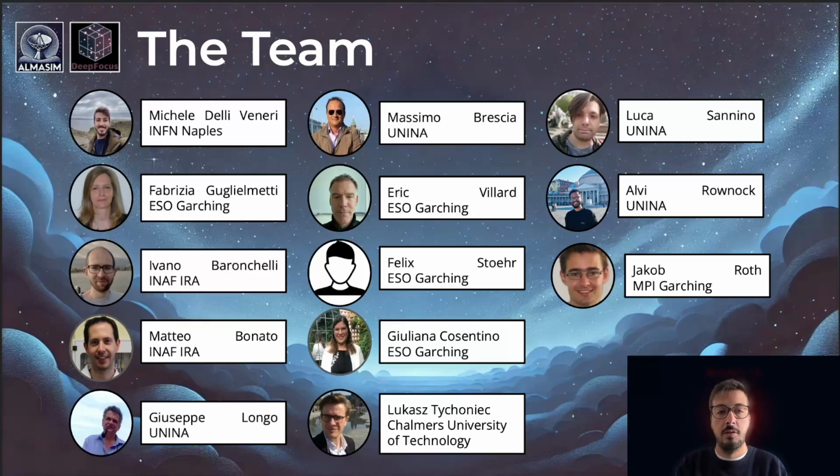The BRAIN project is not carried out only by me, but by a large group of researchers scattered between ESO, UNINA, University of Naples, and the National Institute of Radio Astronomy in Bologna.